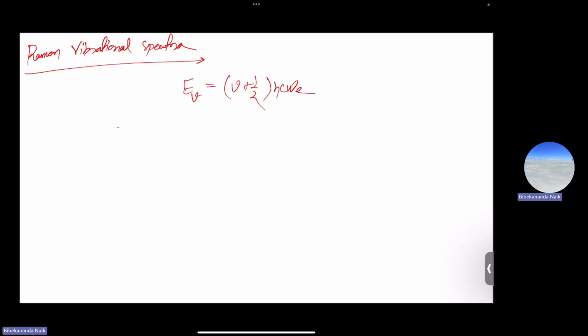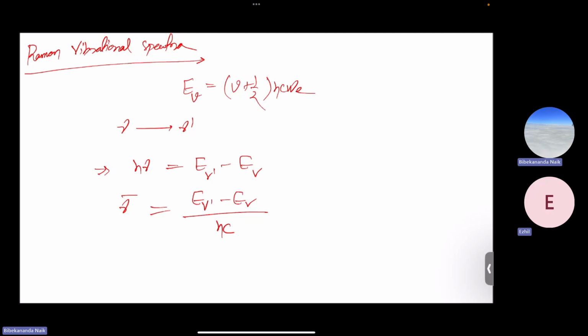Now suppose the transition occurs from v to v prime, then h nu will be E_v prime minus E_v. So nu bar will be (E_v prime minus E_v) divided by hc.